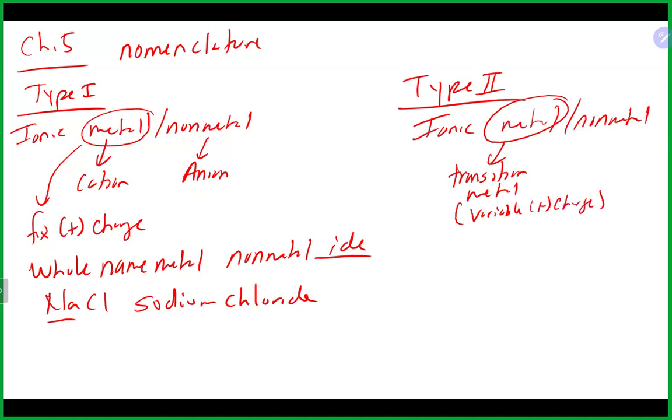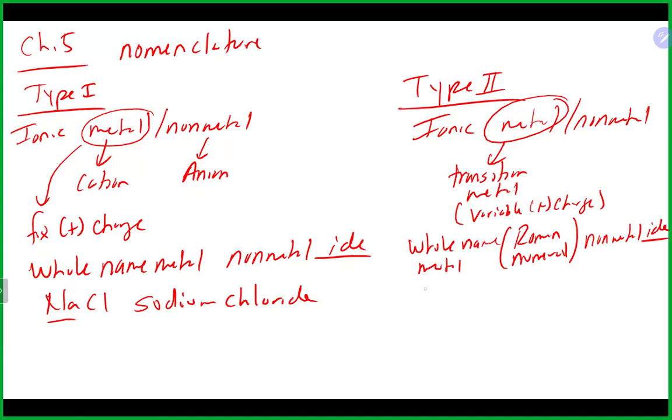So what we do with this is pretty much the same thing. We still use the whole name of the metal. We do include a Roman numeral for the charge on that positive metal. And then our non-metal is the same with the IDE treatment at the end of it.